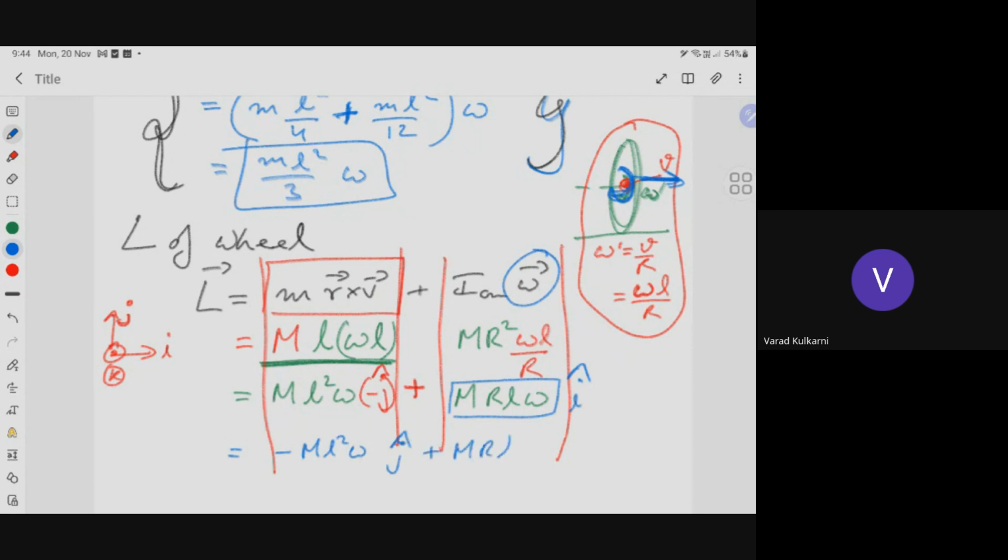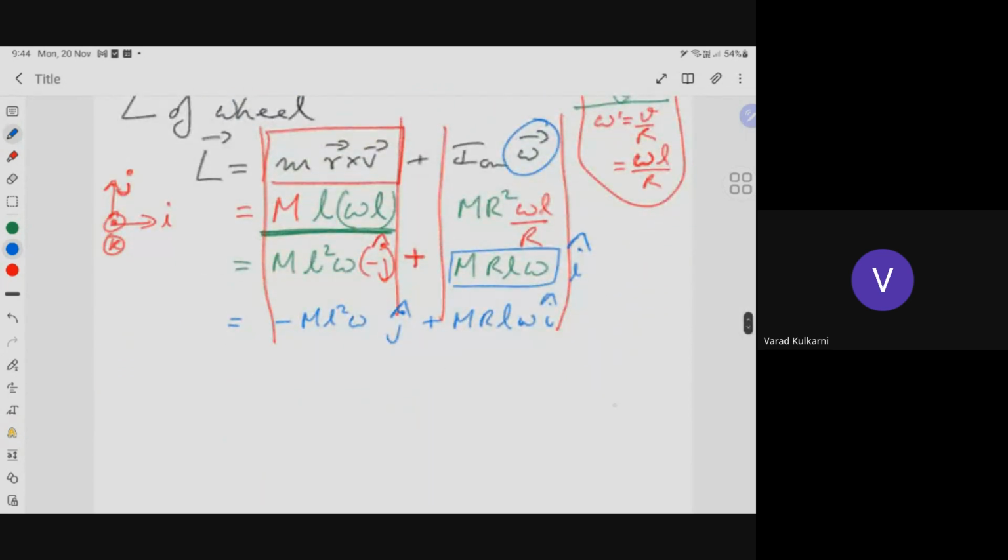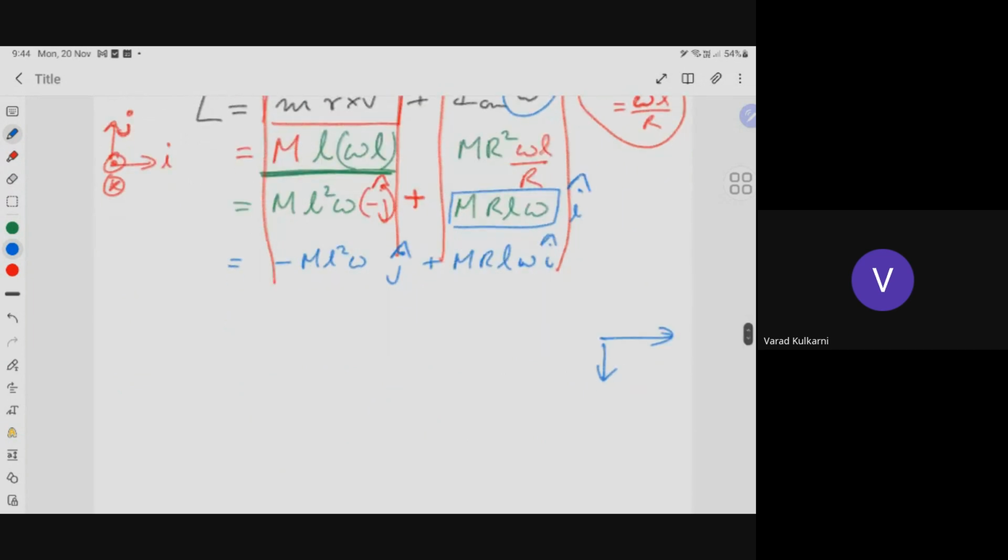plus MRL omega I. Now, since there are two vectors which are 90 degrees to each other, one this way, one this way, the net answer is this plus this, which is equal to under root of ML omega, which is common, so I'll just put it outside the bracket.